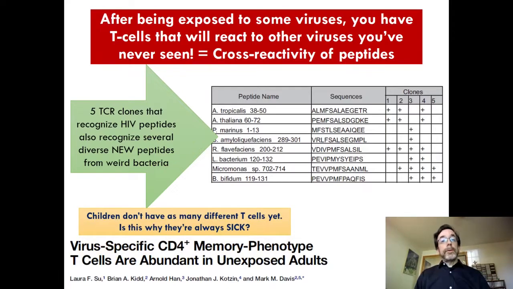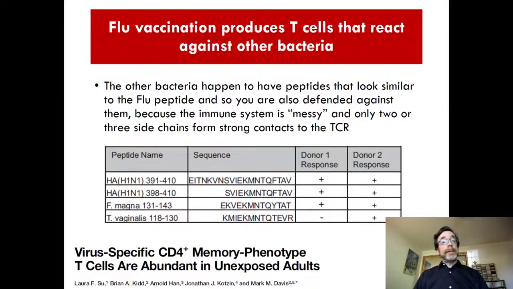This also goes with the idea that children don't have as many different T cells yet. As you develop T cells against one thing, you actually end up with T cells that react against another infection. And this might be why kids are always sick. Their immune system is still learning. And one of the ways an immune system can learn is a vaccine, where you deliberately give it just the peptide or just a broken part of the infection.